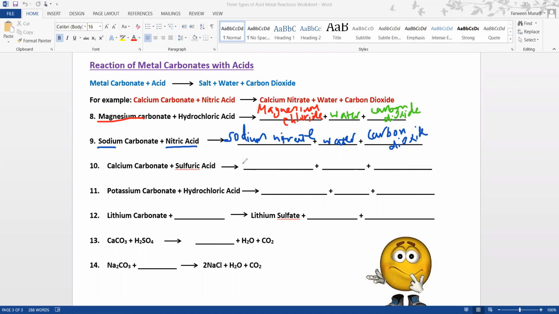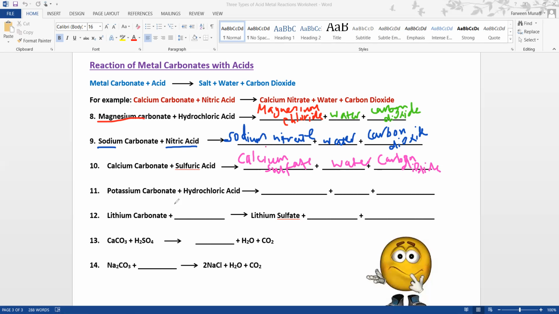So, yep, it's going to be calcium sulfate, water and carbon dioxide. So that's correct. Good work. Carbon dioxide. Just get that carbon dioxide.